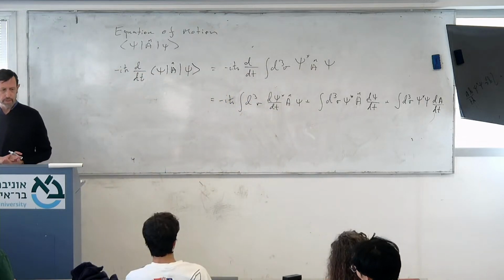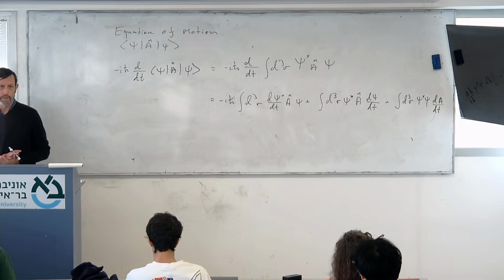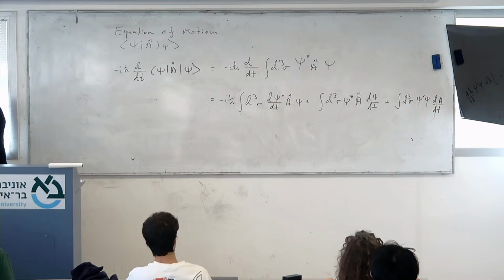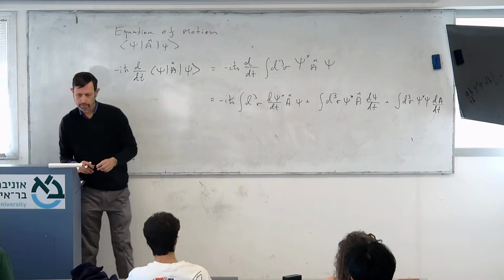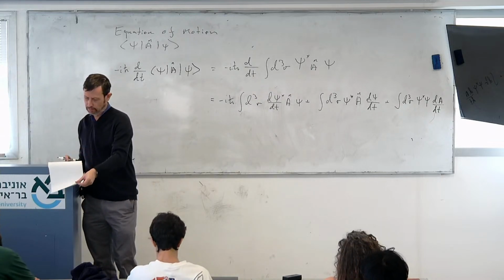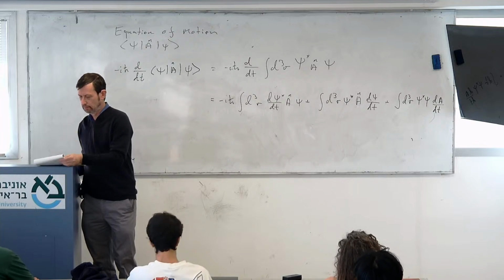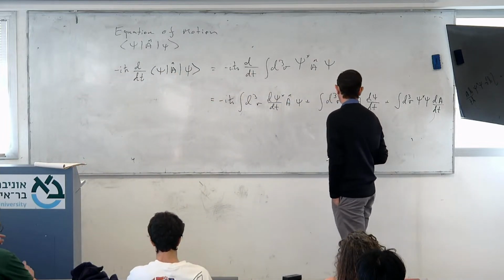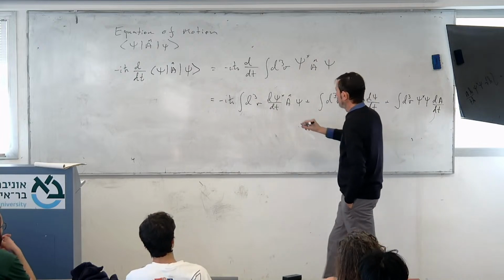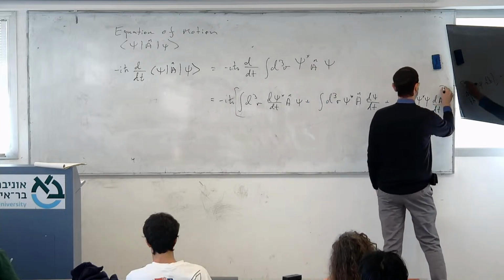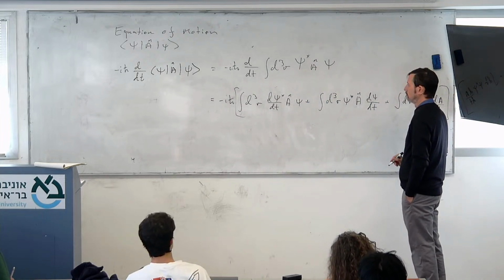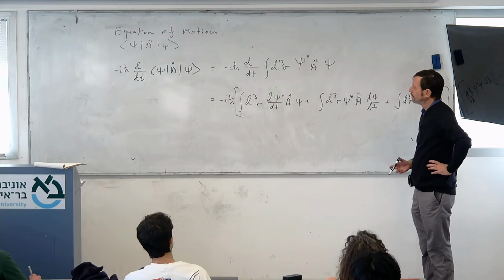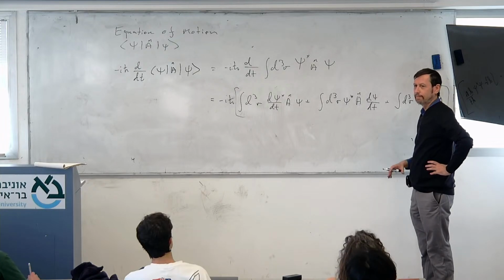Nothing beyond using the definition of the derivative of a product. And of course, what is minus i h bar times the time derivative of psi?